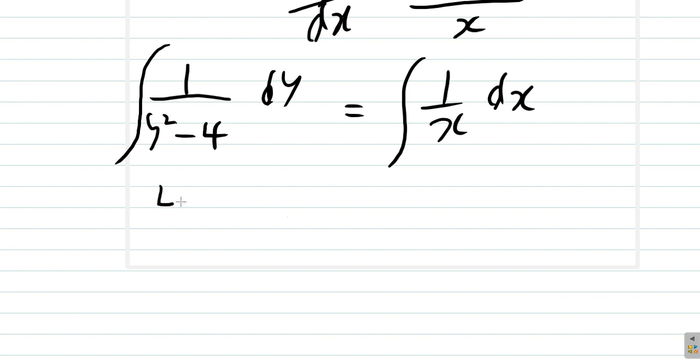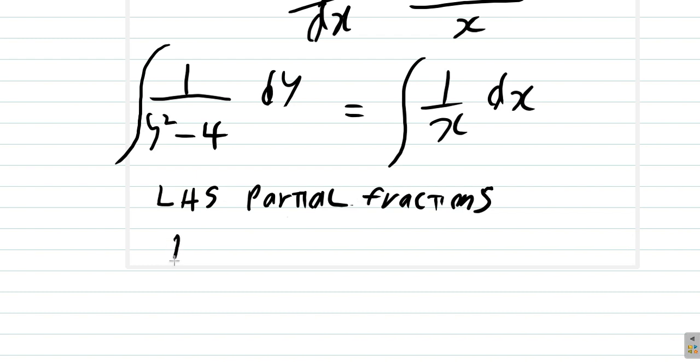So the left hand side, using partial fractions. And notice, sometimes when you're answering an exam question, you have to show exactly what it is you're doing. Write down all the steps, so sometimes it's good to write down some of the steps in English to show what it is you're going to do next. Alright, anyway, you have 1 over y squared minus 4.